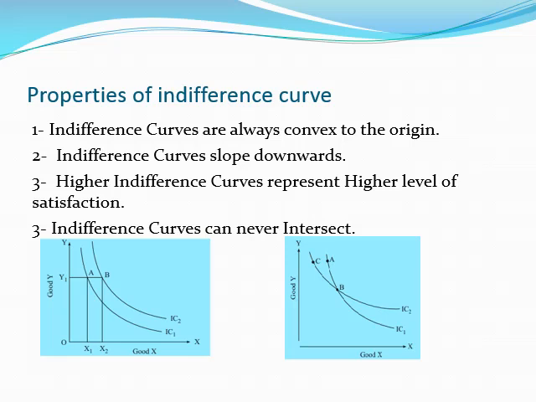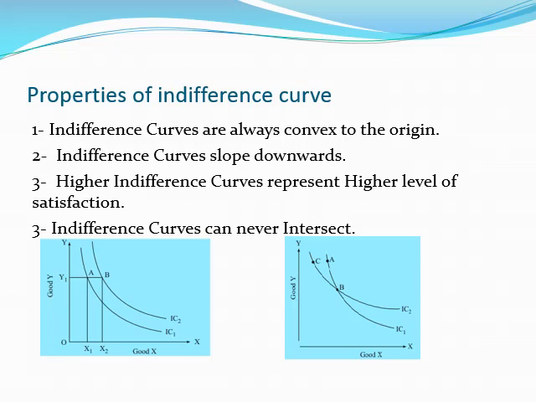Just look at the intersection point B. Now, the combination A, which originally is on IC1, gives more satisfaction than the combination C, which is originally on IC2.